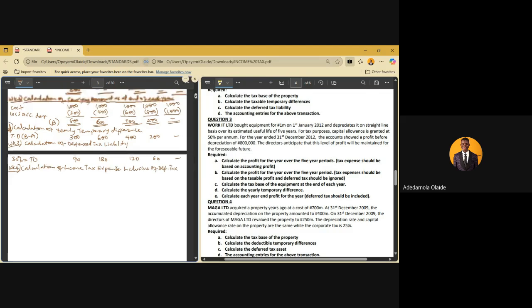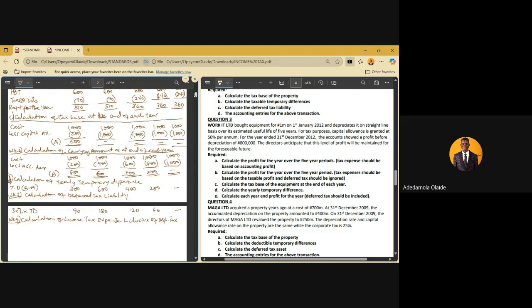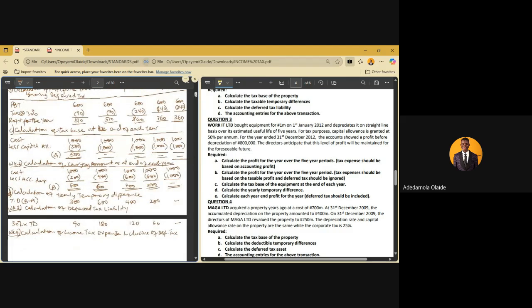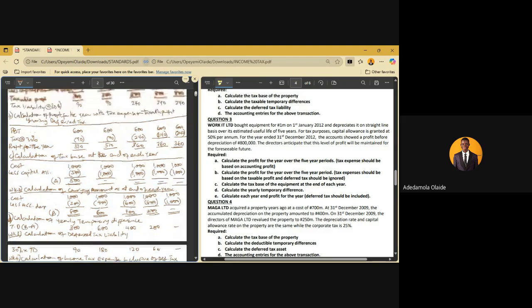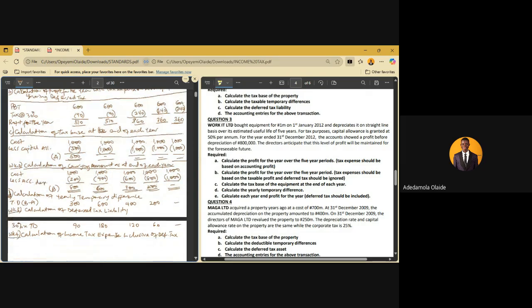We'll first go back to where we calculated the tax. We calculated the tax to be what? 90, 90, and 240 for the 3 years.